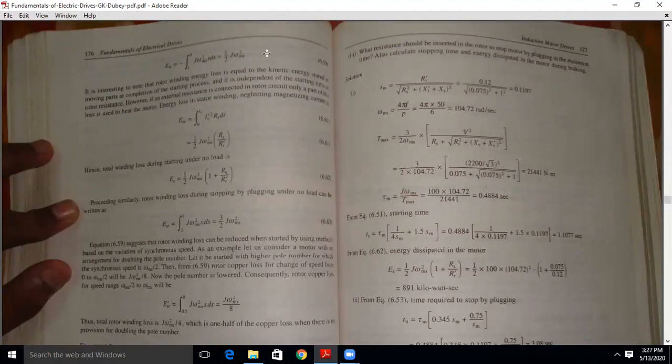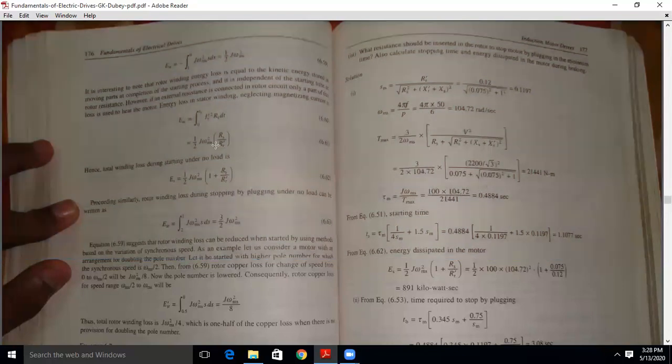Now go for Sm. Sm is equal to RR dash divided by the square root of RS square plus XR dash plus XS whole square, and hence you have to put the values here. Now omega ms is 4 pi f divided by p, so omega ms we can get as 104.7.